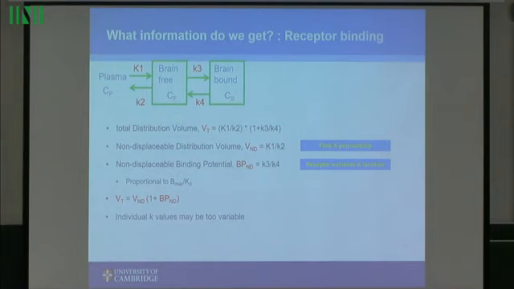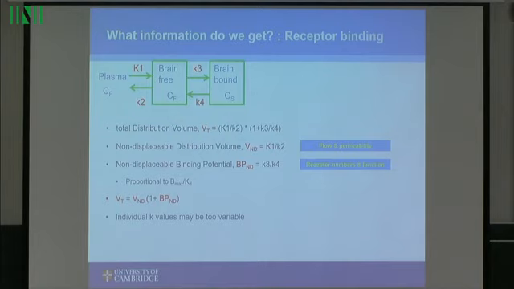This gives us information about the flow of the tracer and the permeability of the blood-brain barrier. We also get BPND, which is what everyone wants, the non-displaceable binding potential, K3 over K4, which gives information about receptor numbers and the function of the receptors, which is equivalent to Bmax over Kd from in vitro studies, but Bmax does not equal K3 and Kd does not equal K4. It's just the ratio that's equivalent.